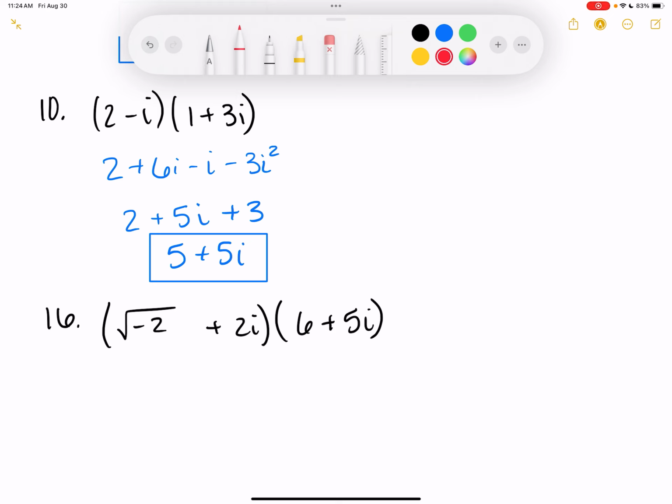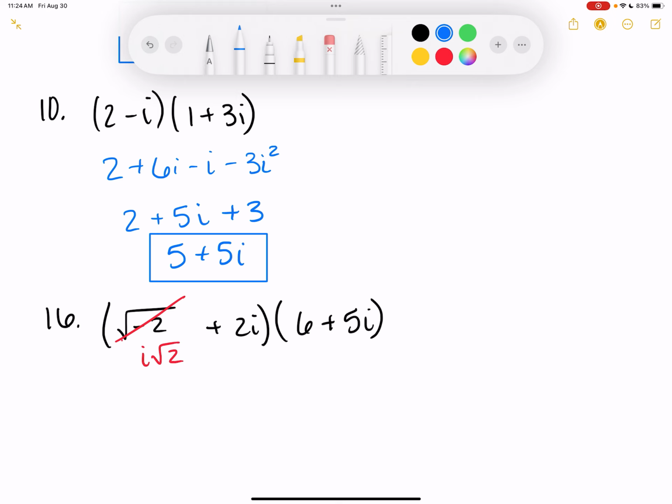You can make it 2i. What's the square root of 2? Is it a perfect square? No. So then I just need to rewrite this as i root 2. So now I can FOIL.